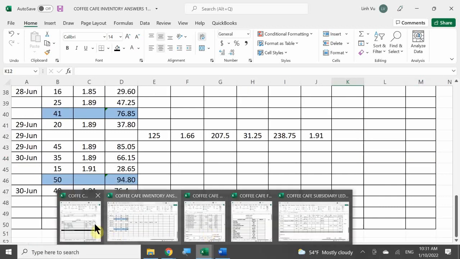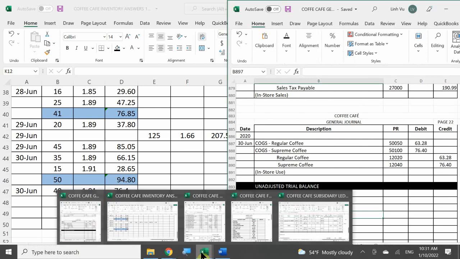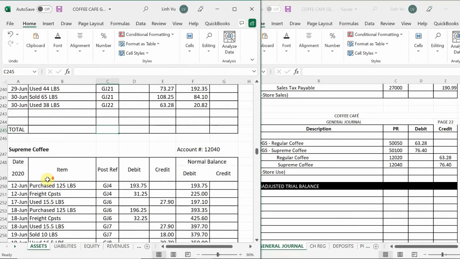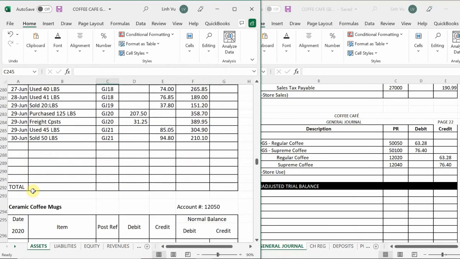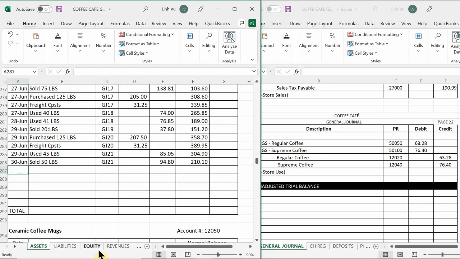Supreme coffee. We used 40 pounds. General Journal 22 for 76 and 40 cents.